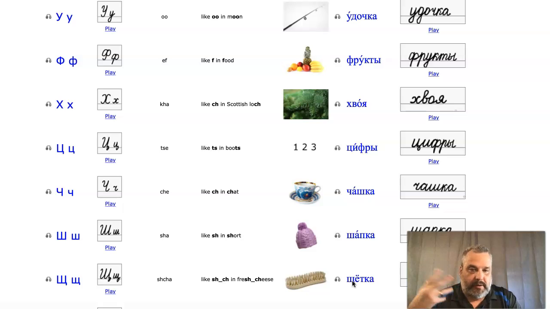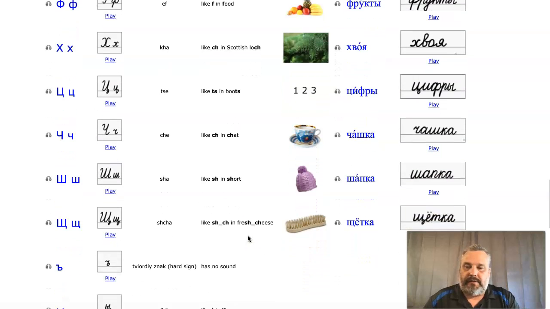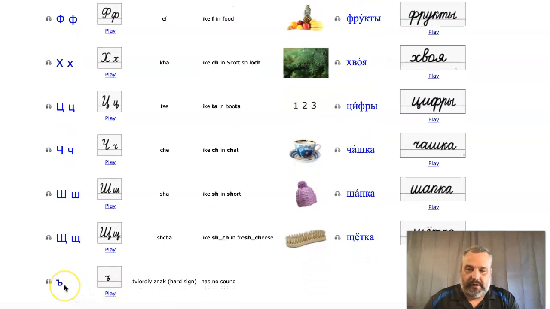So you just gotta train your ear to it if you get that far. Okay, anyway, this is a hard sign. It's called a tvyordy znak, and it has no sound, but in some words it's designed to make them pause more on the first syllable. But we'll get into that as we get into vocabulary.